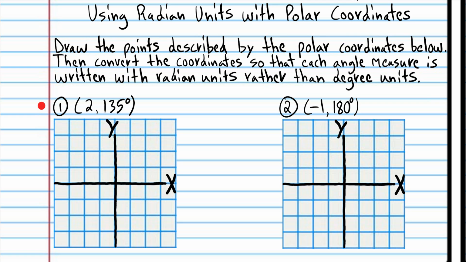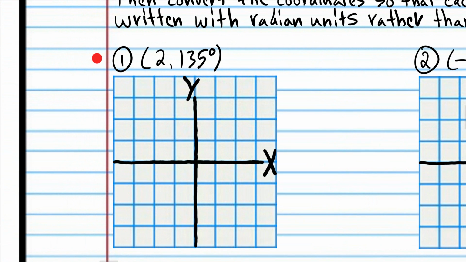So first we're going to graph the point. We have 2 here, so we're going to count 2 out on the x-axis. Remember, this number is always the horizontal movement to the right or to the left. If it's a negative number, we move to the left on the x-axis. If it's a positive number, we move to the right.